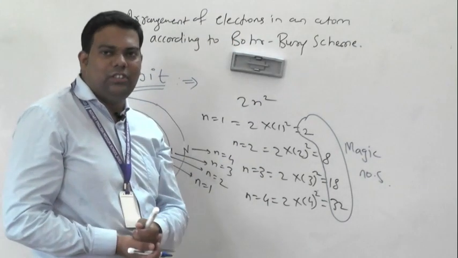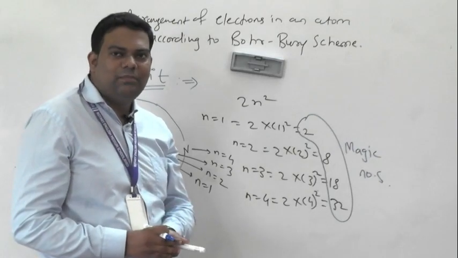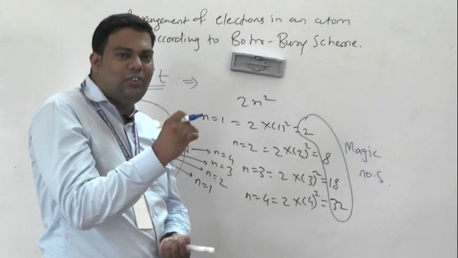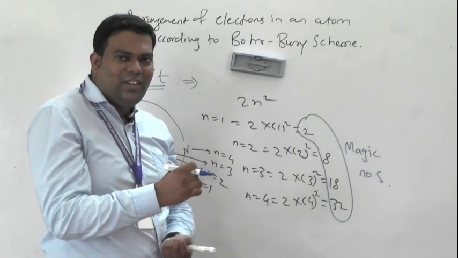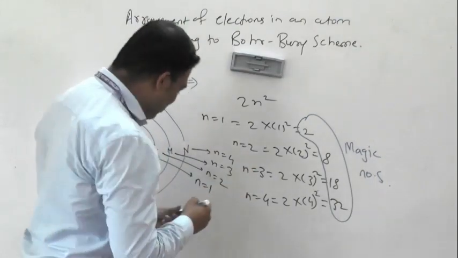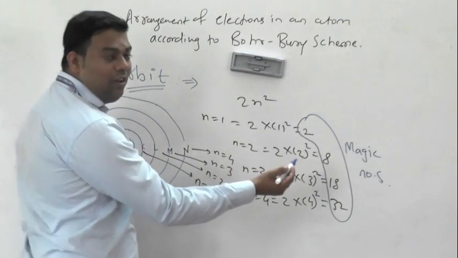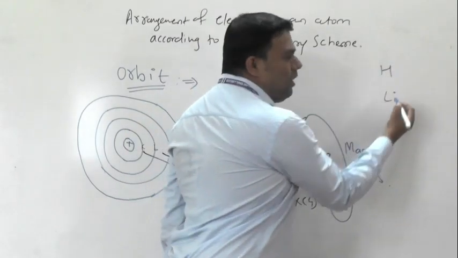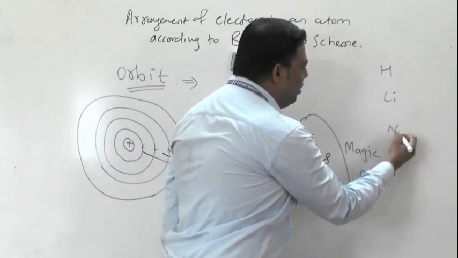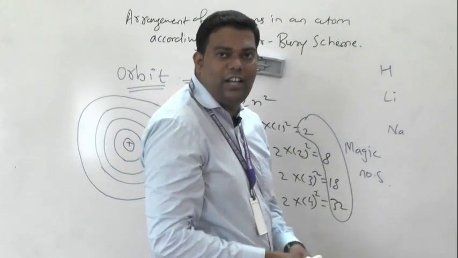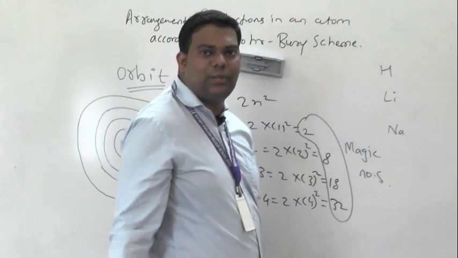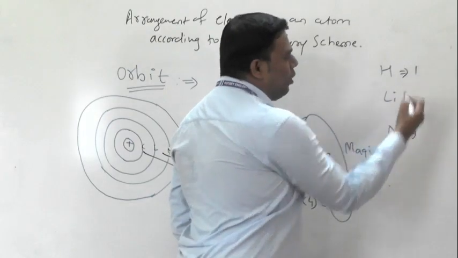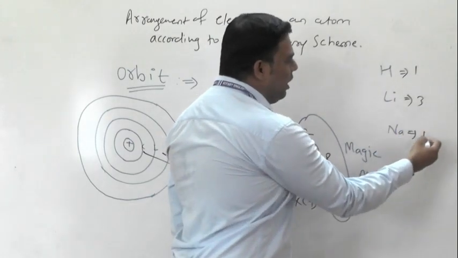After hydrogen, lithium will come, that is plus 2. Then after that comes sodium. Hydrogen has atomic number 1, lithium 3 and sodium 11.